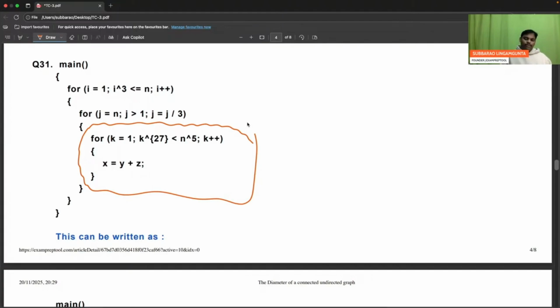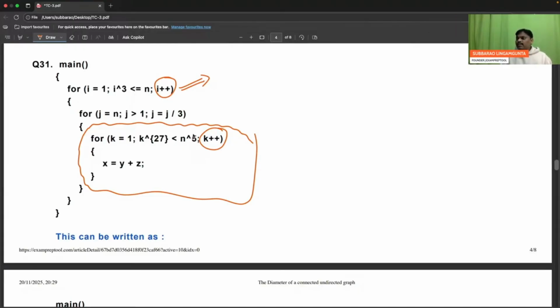And one more, what about the I loop? If you observe clearly, I is always incrementing by plus 1. K also is always incrementing by plus 1. How it is incrementing will decide the time complexity. Wherever power is there, please don't go.